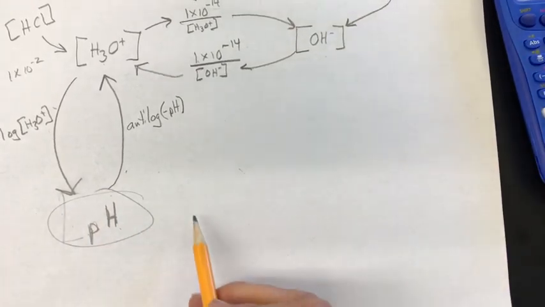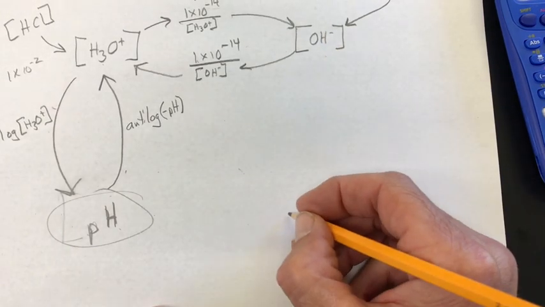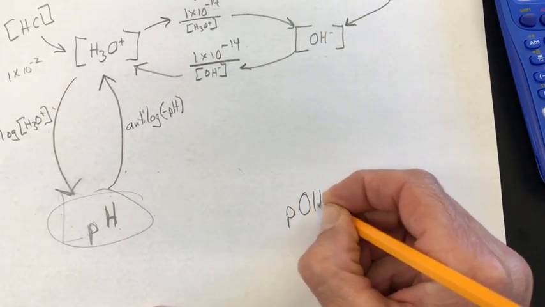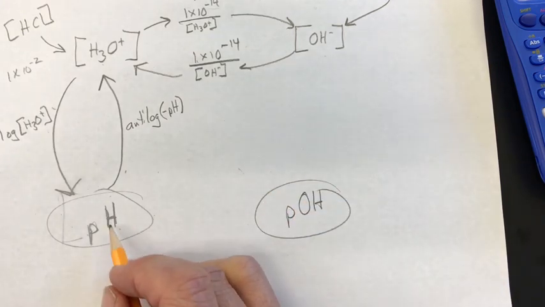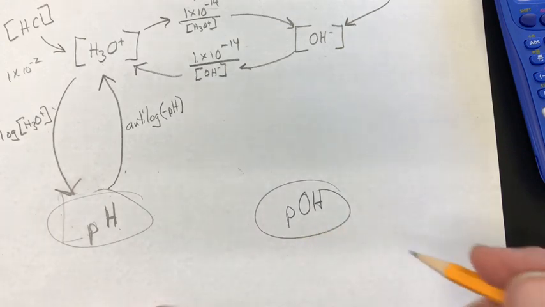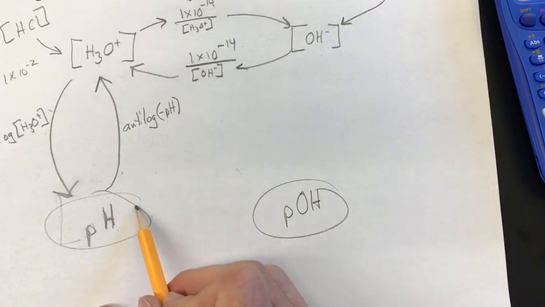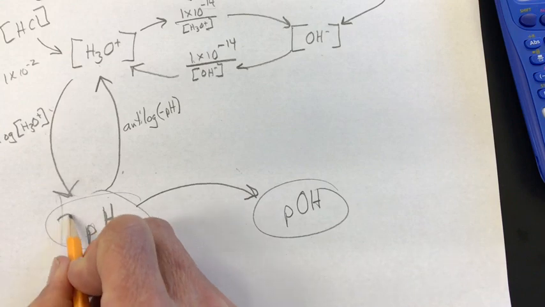Well, what if I wanted to know the hydroxide ion concentration? That also has a name, and that's pOH. If pH stands for power of hydrogen, what do you suppose pOH stands for? It's the power of hydroxide. So how would I get from here to here? Let's say our pH is 2.